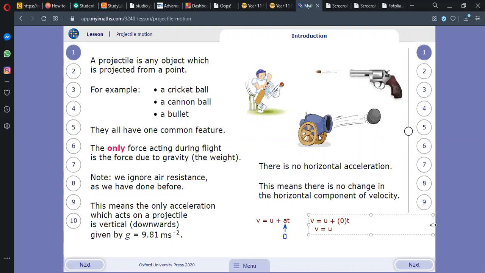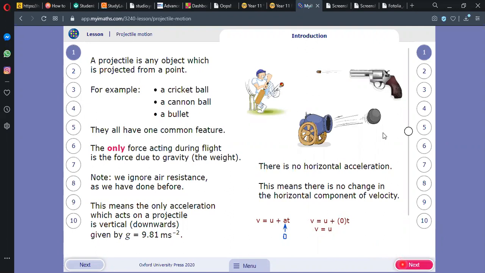So this means that your initial velocity and your final velocity are going to be the same all the time in the horizontal component of the velocity. That is why there is no change in the horizontal component of velocity, because the initial velocity and every other velocity in the horizontal component at any time remains the same.